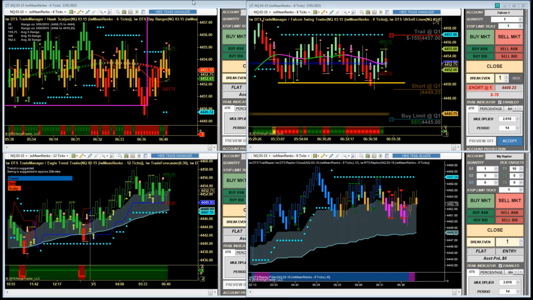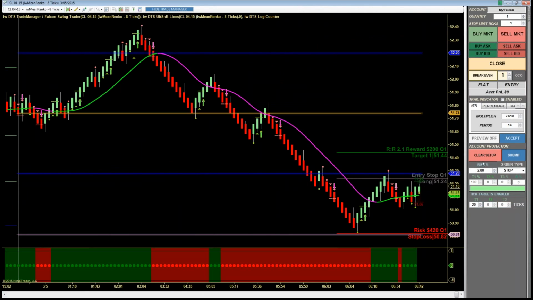And we're coming back with our Falcon trade and same setup. And it looks like we're about to print a hash mark. We're getting the possible late filter entry signal. And this one actually has some room to move.